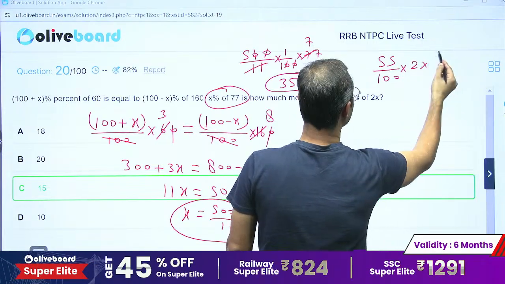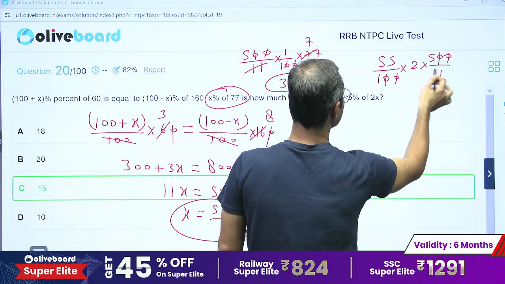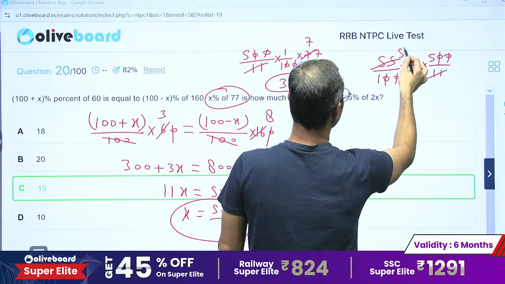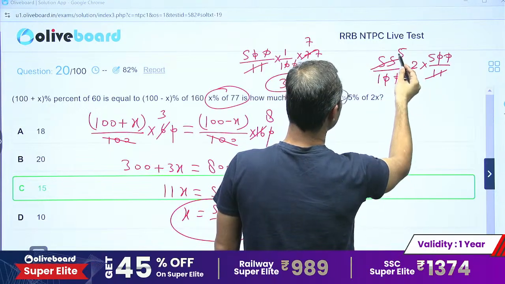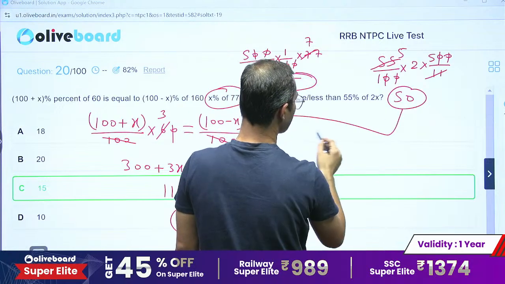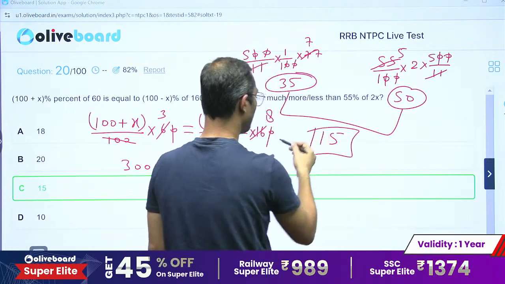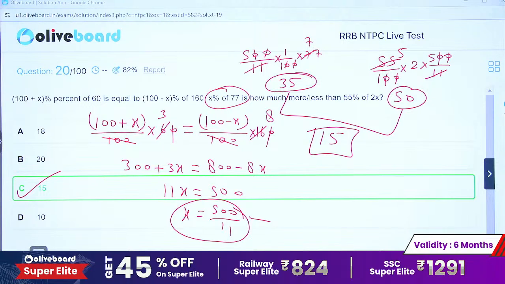So 500 divided by 11, here we will get 5 times, right? So here we will get 25, here we will get 50. So how much less? Only 15, right? Yes. Now we got the right answer. So 15 is the right answer. Yes. So it was a calculation error. So please check it. Okay.